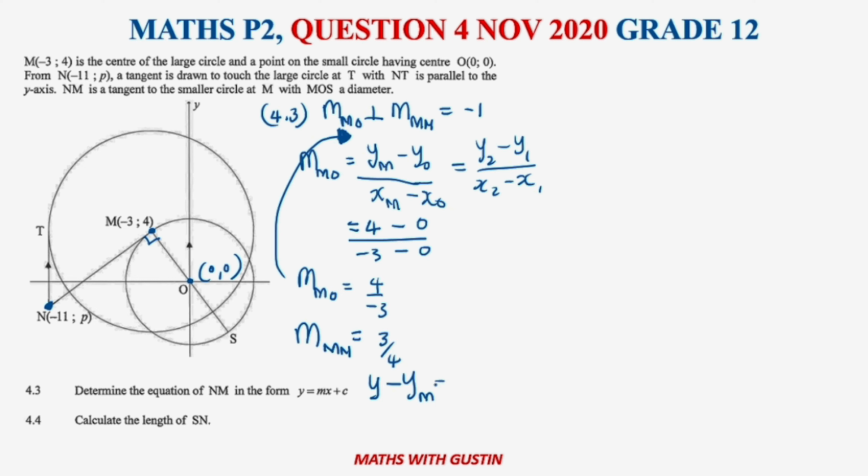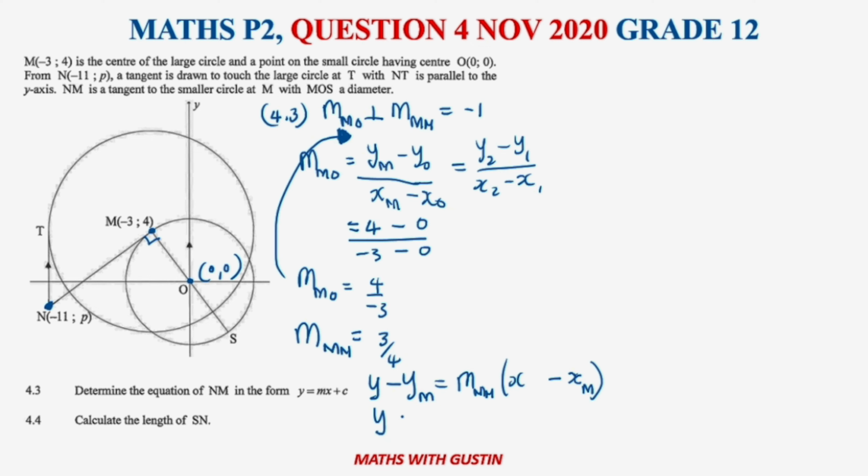It's going to be given by y minus y at M equals the gradient of the line that we are looking for, times x minus x at M. Is it? No, x at M is on the other side: x here and then x at M here. Okay, thank you very much guys for assisting me there.